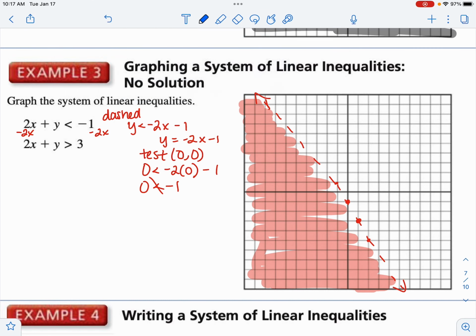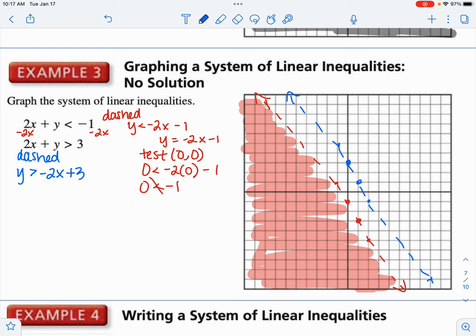Second graph I'll do in blue. So again, this is going to be dashed. And subtract 2x from both sides. We get y is greater than negative 2x plus 3. So positive 3. And we have a slope negative 2 over 1. Dashed again. And we can see that these boundary lines are parallel to each other. So then let's test.